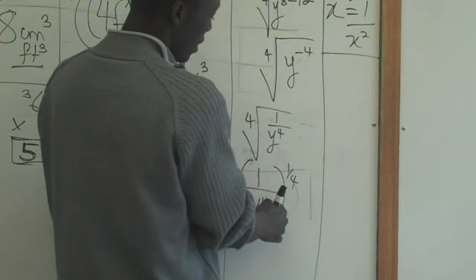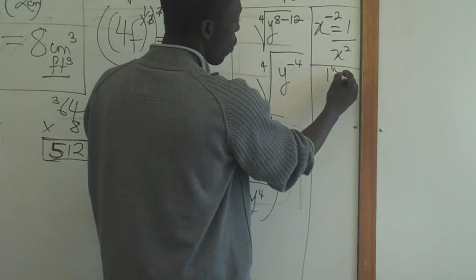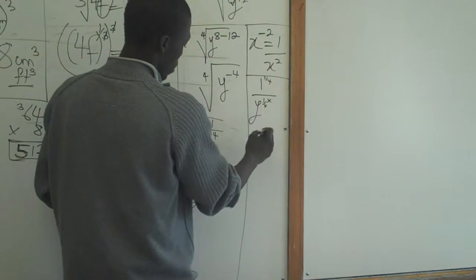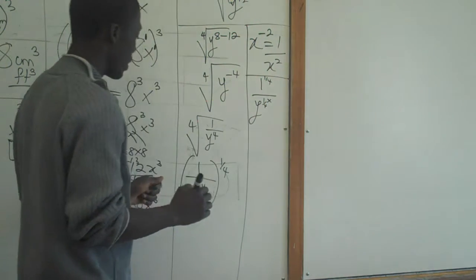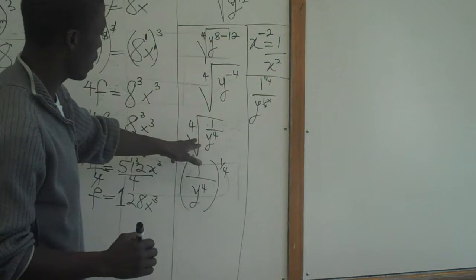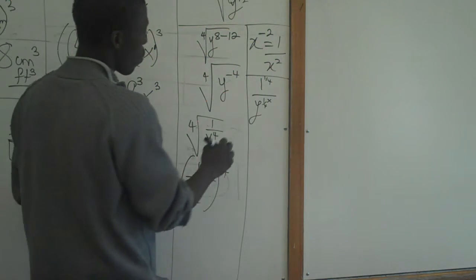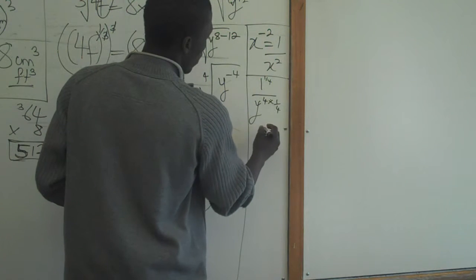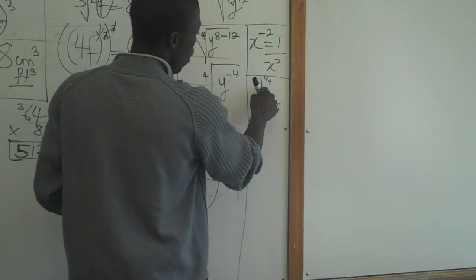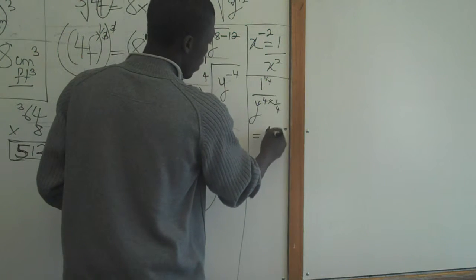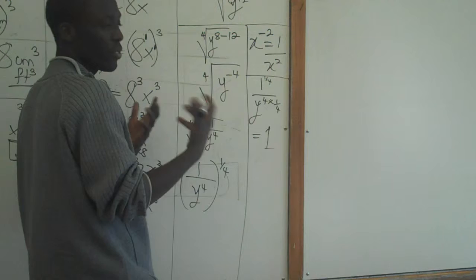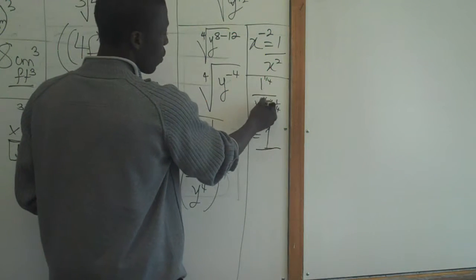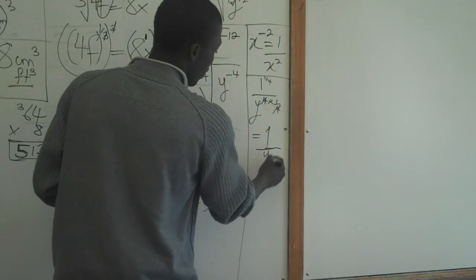You can rewrite this as 1 to the 1/4 over y to the fourth times 1/4. So we have 1 here, the fourth root of 1, which is 1. 1 times 1 times 1 times 1 is 1, and 1 is an easy number to handle there. And then on the bottom, the 4's cancel, and all you have left is y.